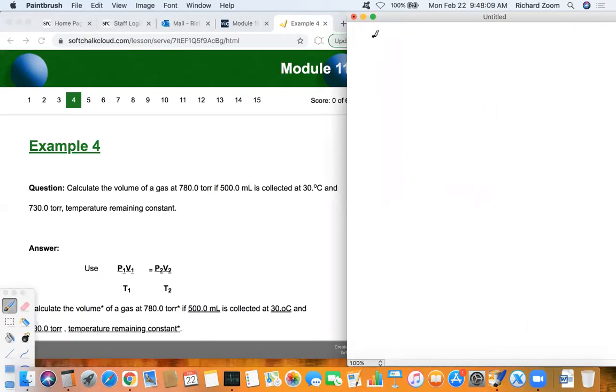The first one is atmospheres, and 1 atmosphere is basically the regular pressure around us. It varies around 1 atmosphere. It's not quite 1 atmosphere; it depends upon the barometric pressure, the weather conditions, and all of that. But 1 atmosphere is equivalent to 760 millimeters of mercury.